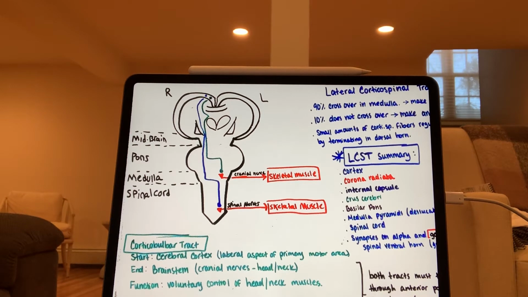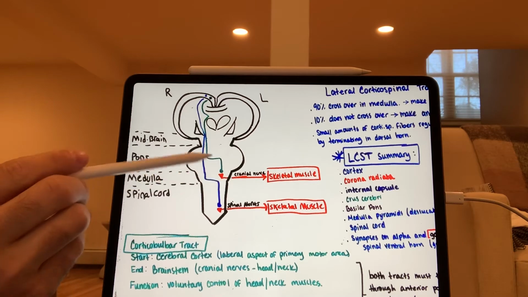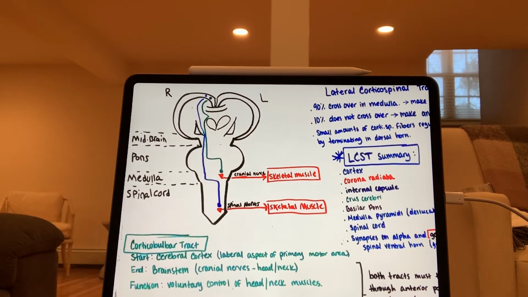And what we're looking at is both tracts, as Darius just ran through, and you could see that there are upper motor neurons and lower motor neurons, and there are going to be different syndromes and diseases based on which neuron is damaged or where the lesion occurs. Then we're going to have to understand how these upper motor neurons are categorized with their own symptoms and the lower motor neurons with their other symptoms.